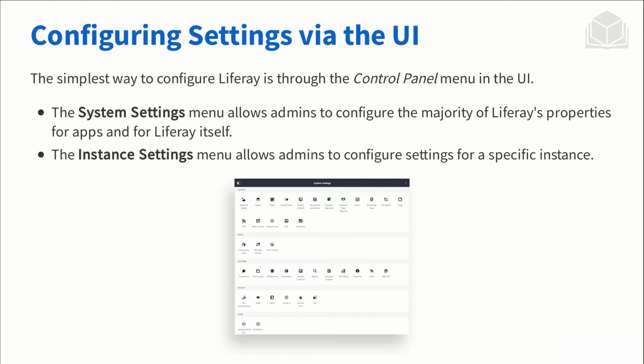If you can't recognize them just because of the screen resolution, just go to control panel and system settings or instance settings and take a look at them. This is a full-blown user interface for all of these settings, and you can click in there and modify these settings. System settings for all of the current platform, and instance settings for just this one specific instance.